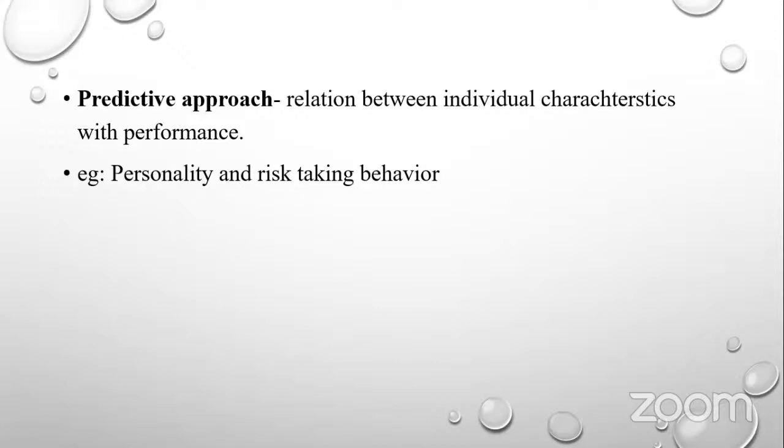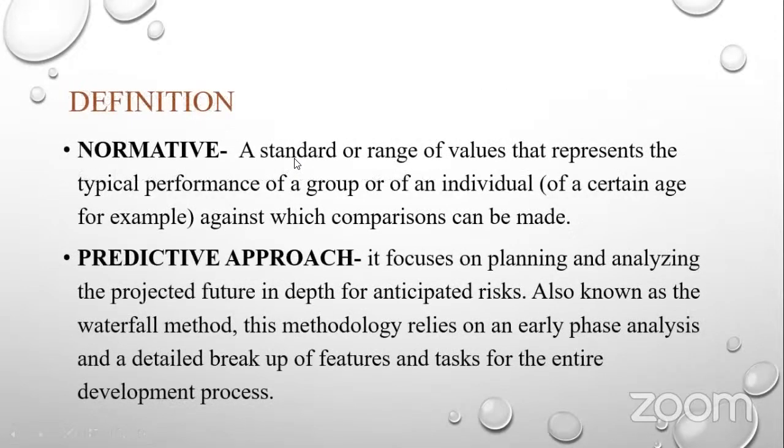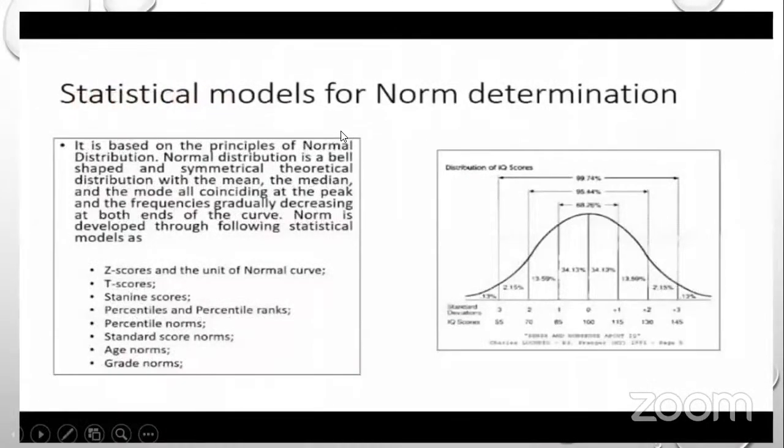Now we will move on to statistical models for norm determination. So we are discussing norm determination here. What is the importance of norm estimation? We have talked about it before. It is based on the principles of normal distribution.